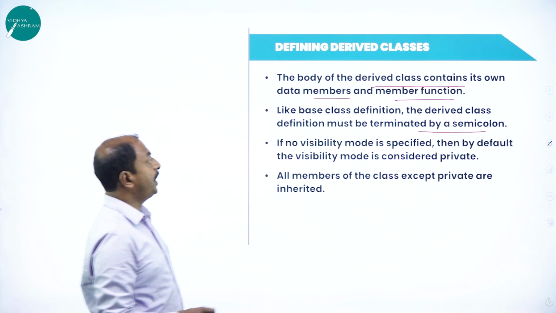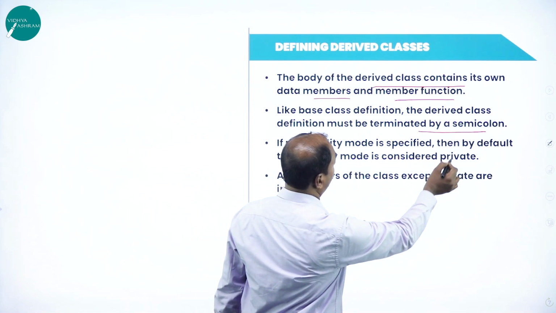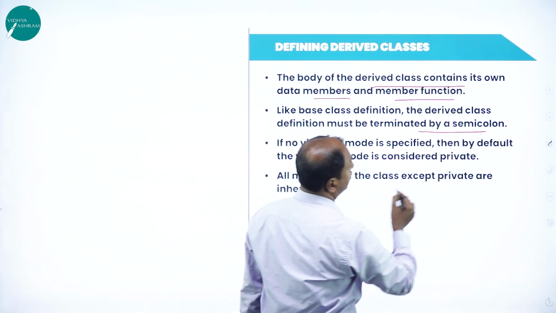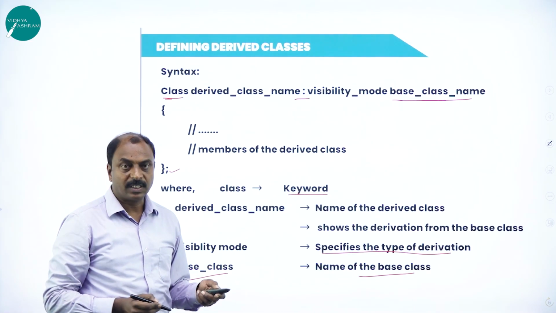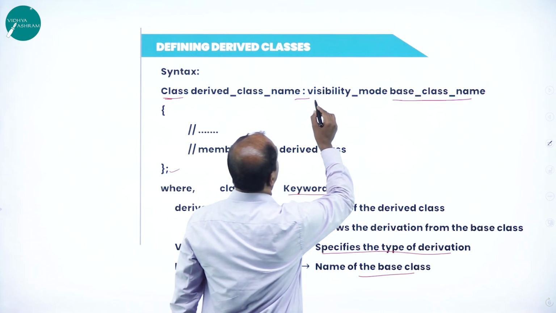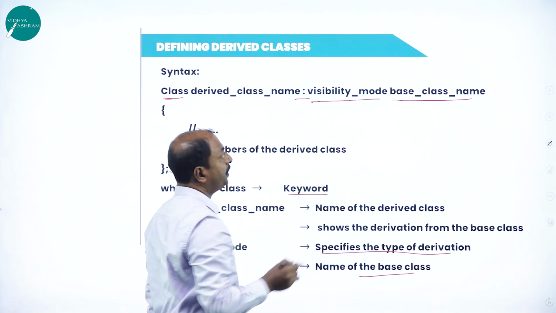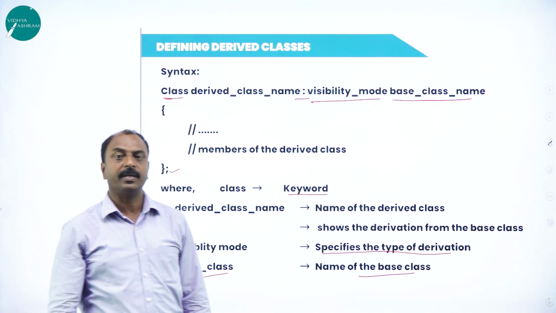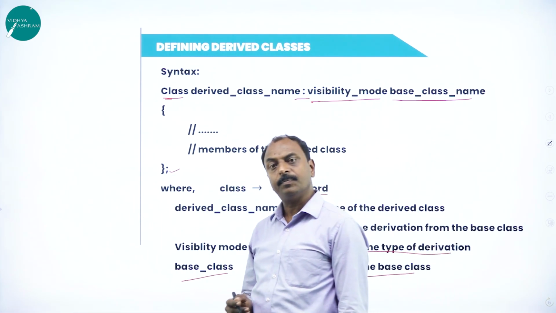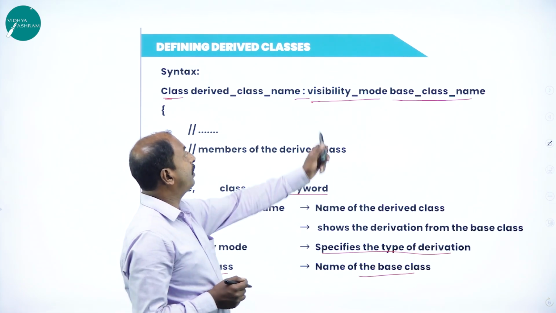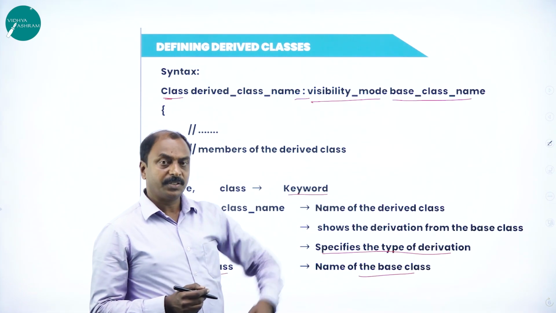Next, if no visibility mode is specified, by default it takes private. Observe the syntax: this is the visibility mode. There are three types of visibility mode: private, public, and protected. We have to specify any of the three.